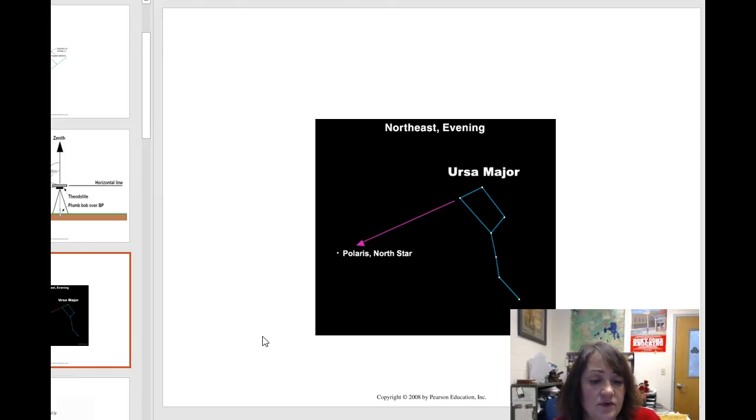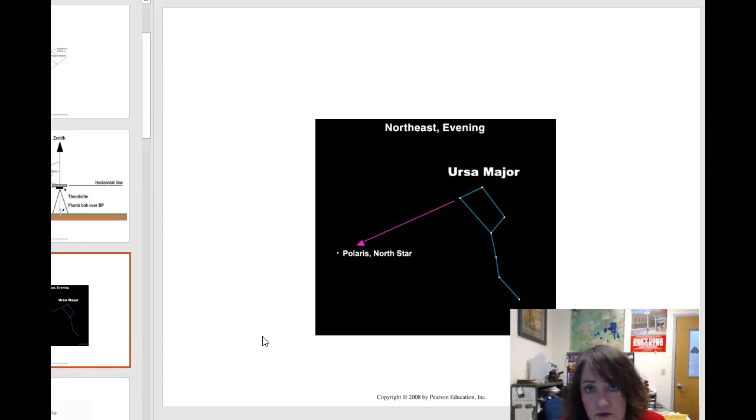However, what you do get is a direction that is based on the poles of the Earth. Now, the picture that I have up on PowerPoint right now shows how to find a star called Polaris, or the North Star. If you look into the sky in the northern hemisphere, because Polaris is very, very far away, wherever you are in the northern hemisphere, if you find Polaris, you will always be looking north.